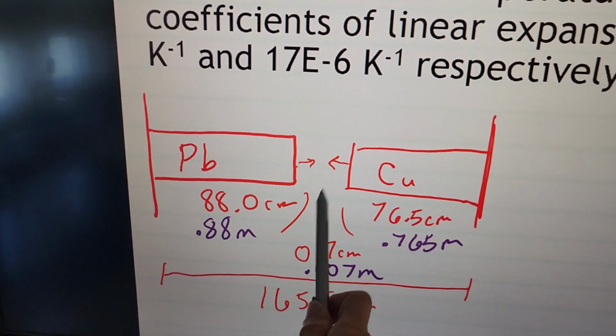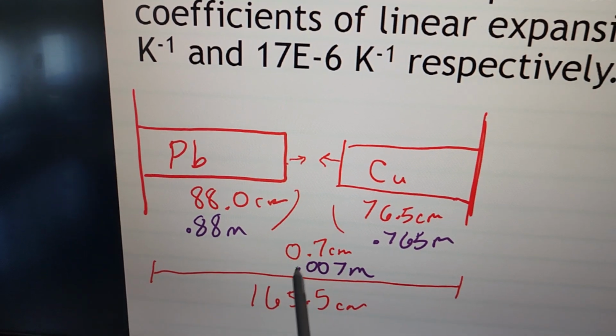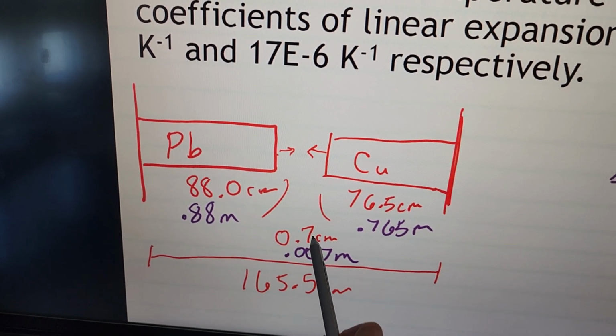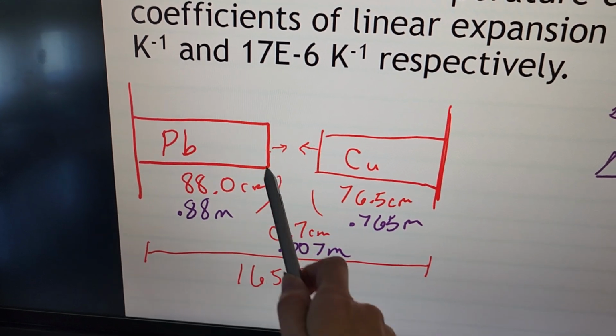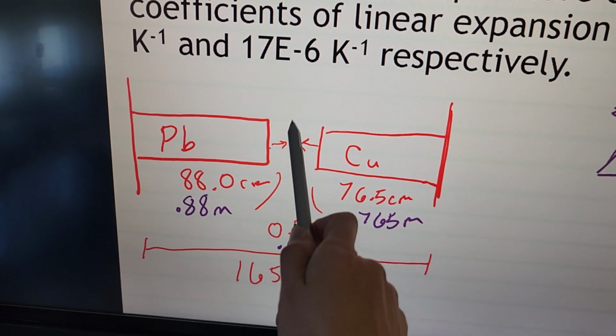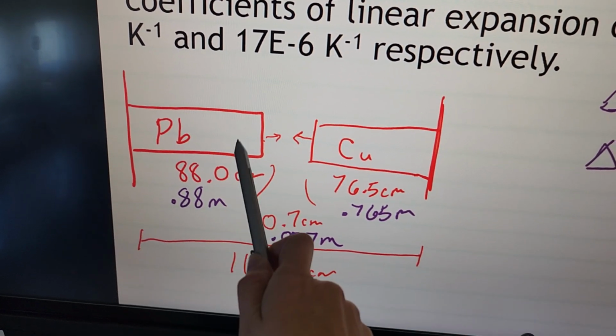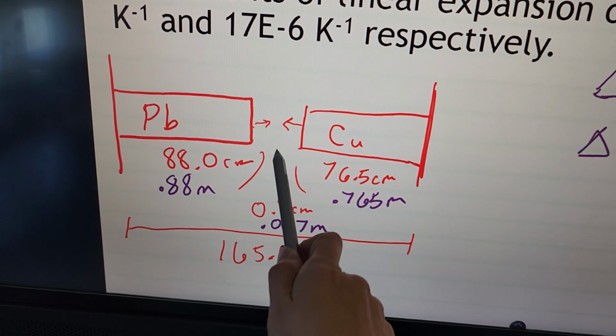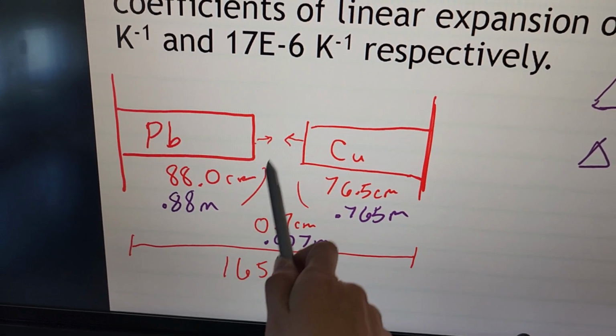But what we can say is that this gap, which is equal to 0.007 meters, is equal to the sum of both of these expanded. So if I want to solve for just PB, I'm going to take this 0.007 minus the expansion of copper to solve for just the expansion of lead.